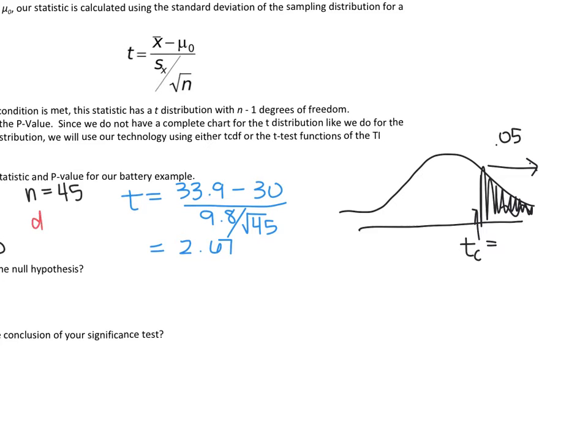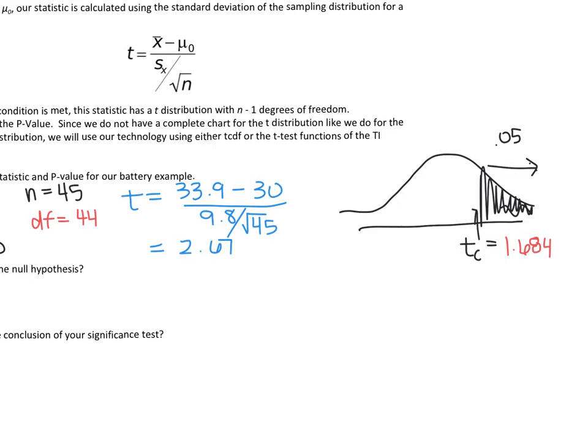So n is 45, so our degrees of freedom are 44. The closest on our table is 40. So we take 0.05, we go down to 40, and that's going to give us our t critical value, which is 1.684.